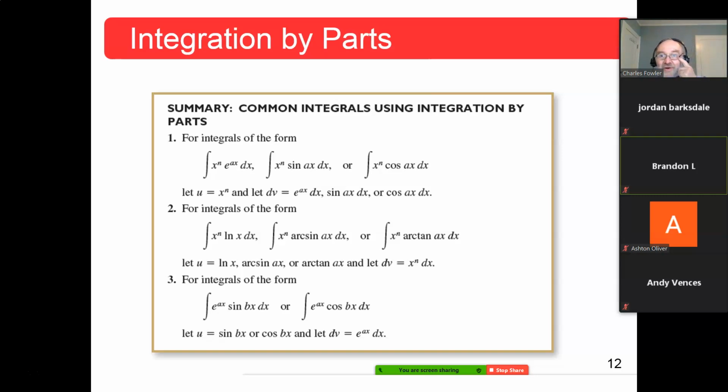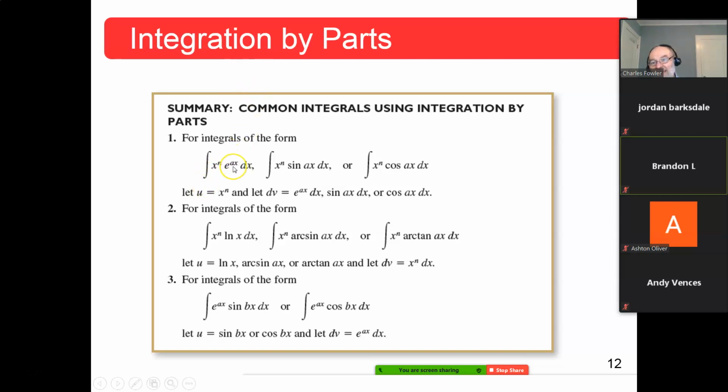All right, so here is your summary for integration by parts. Some of the common integrals that use integration by parts. For integrals of this form, which we just had, x to the first power times, I believe it was sine, your u will be the power function because when you take a du it gets simpler. It reduces the power every time.